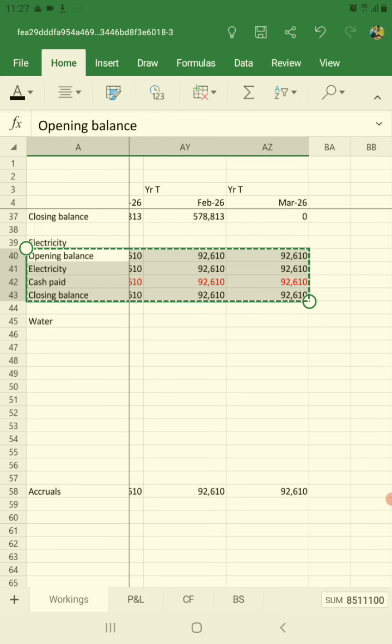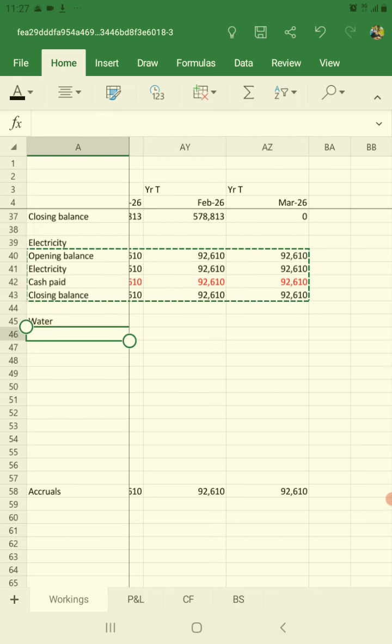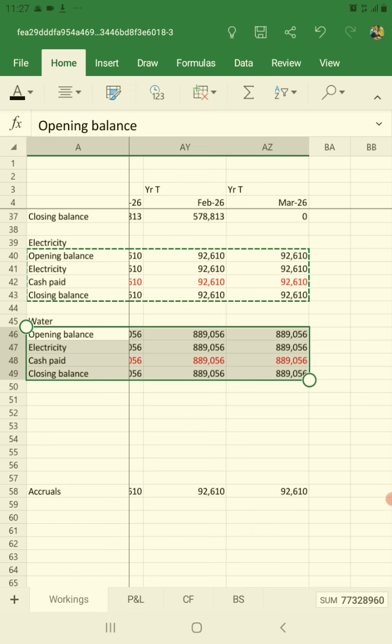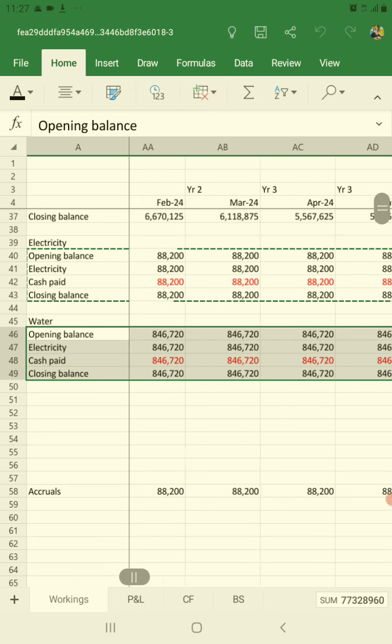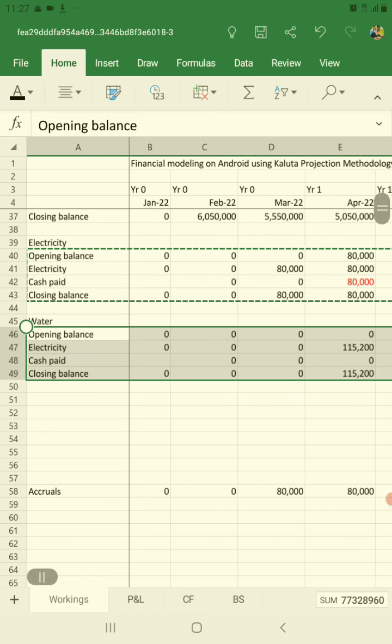Then I click down on the water area and paste. So I have just done the same as was done, and what I need to change here is only electricity.